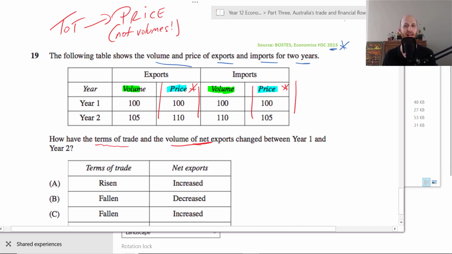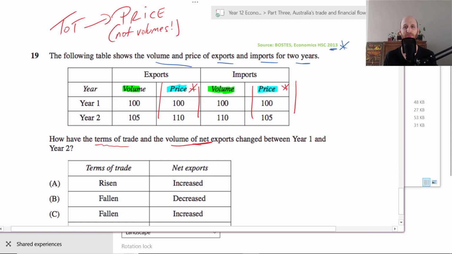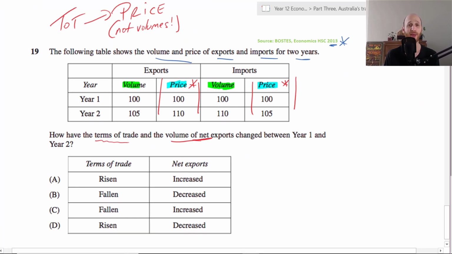A little bit to calculate here. We should make this bigger. Bigger again. At least three times the size. That's better. Okay, so what we're going to do is let's start by working out the terms of trade. So the terms of trade in year 1 is going to simply be 100 because you can see price is 100, price is 100.